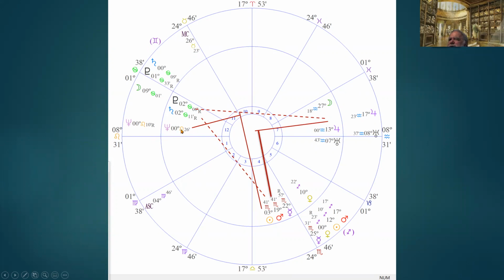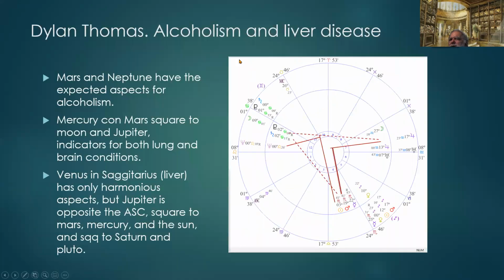It has some beneficial, harmonious aspects, but this combination, the affliction of Mars and Neptune, is our indicator for alcoholism.